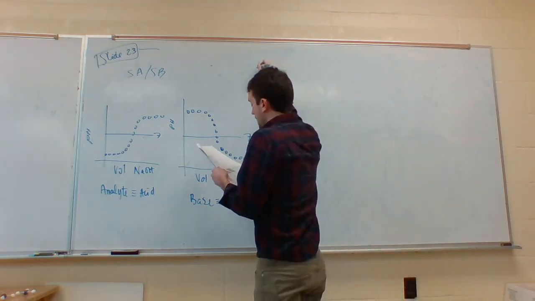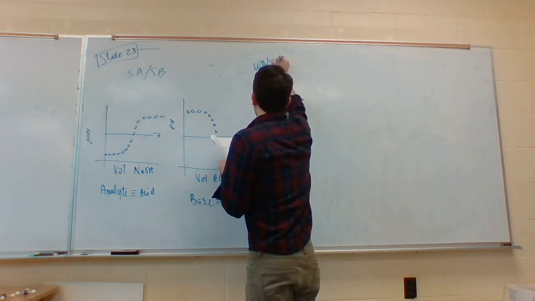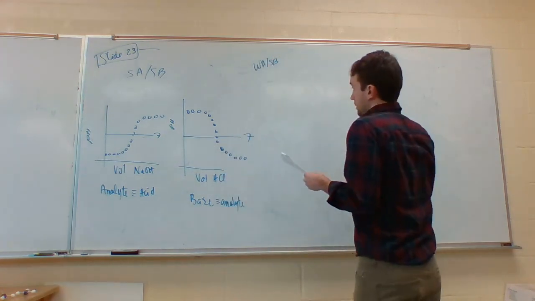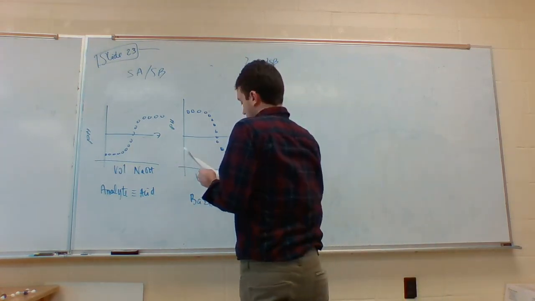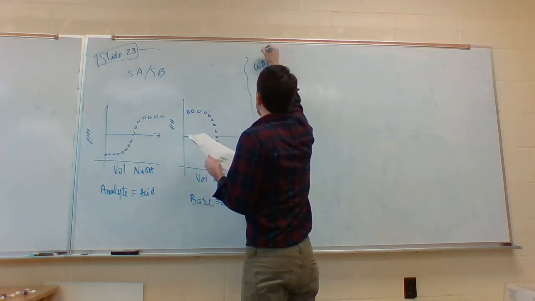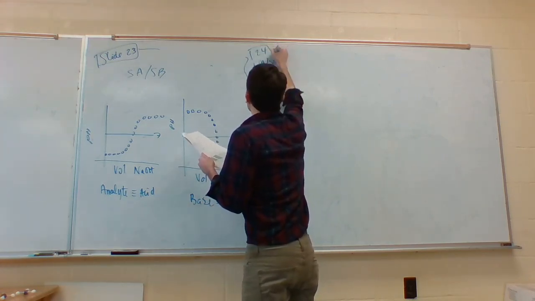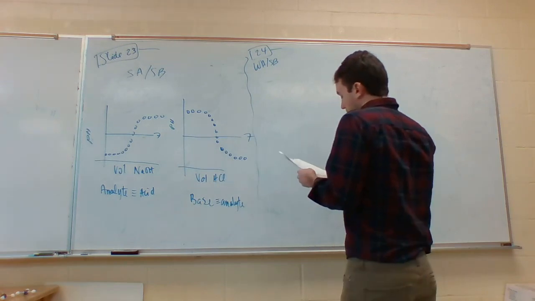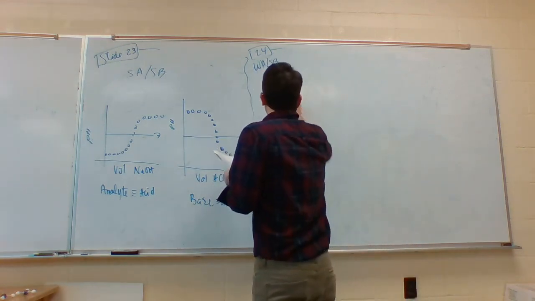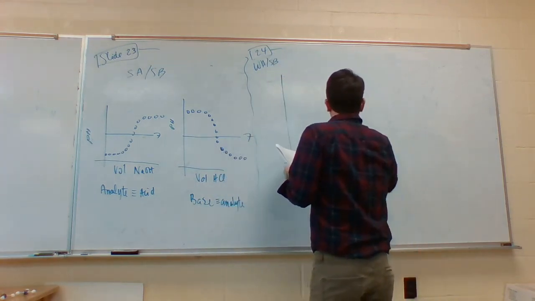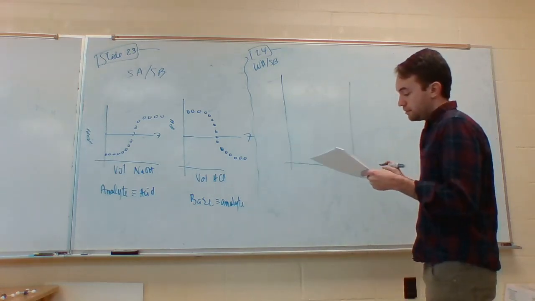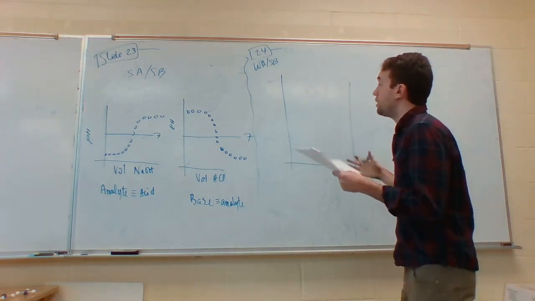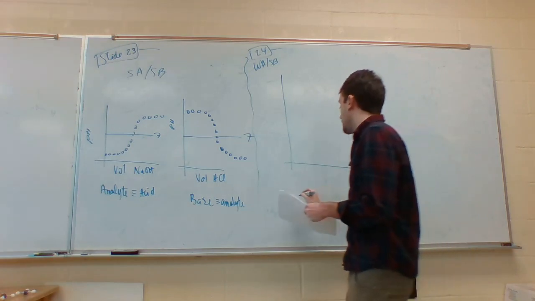Now, what about if we have a weak acid and a strong base? Well, if we've got a weak acid and a strong base, now we are on slide 24. Here, what's going to be in our flask? Well, we know that our weak is going to be in the flask because the weak is the analyte.